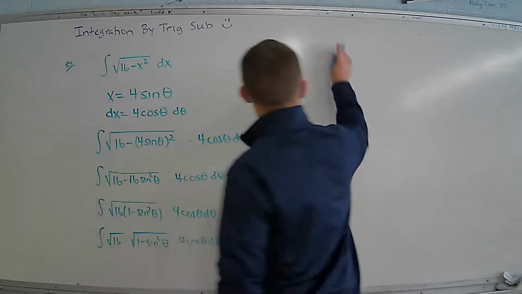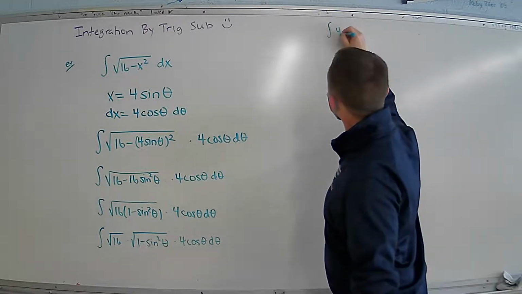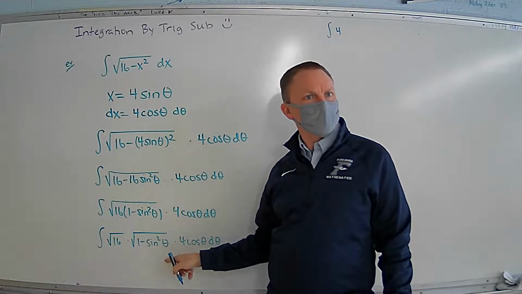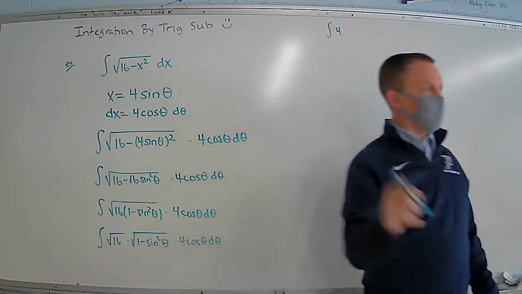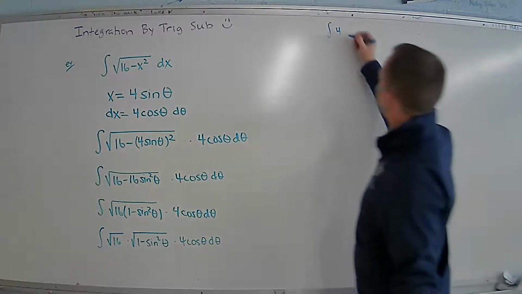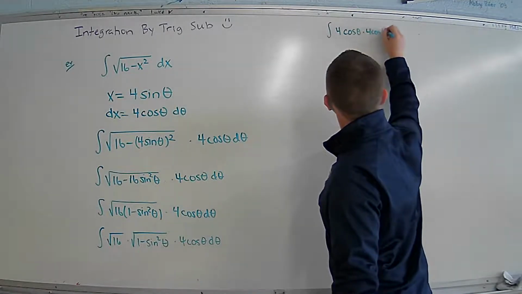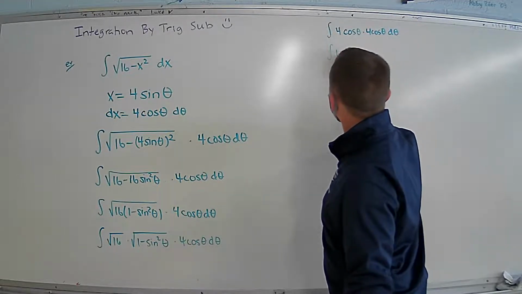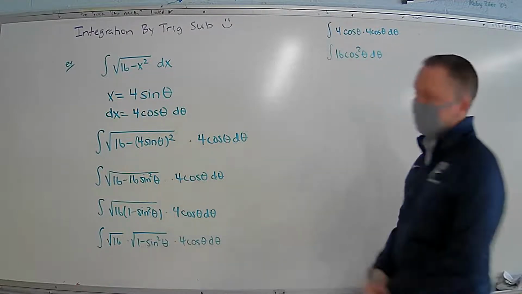But what's the square root of 16? 4. And what's 1 minus sine squared? Cosine squared, right? And what's the square root of cosine squared? Cosine. So this ends up being 4 cosine theta times 4 cosine theta d theta, which means it ends up being 16 cosine squared d theta.